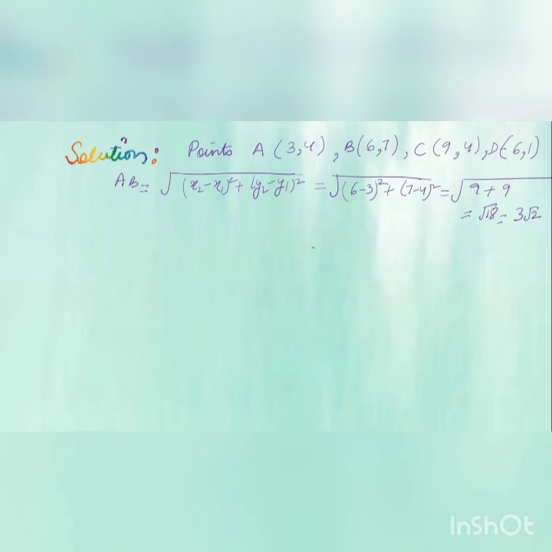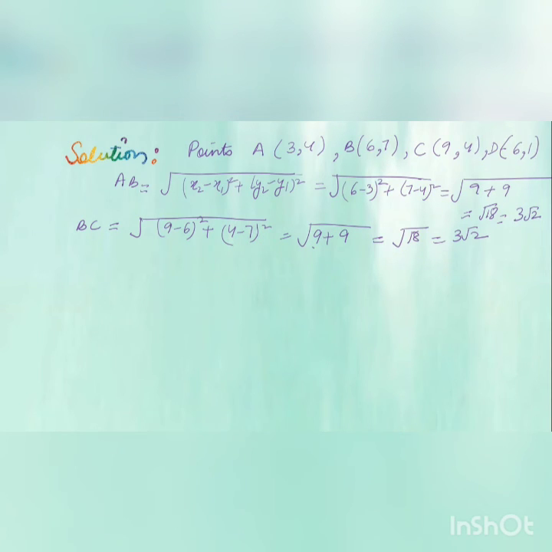After this, find BC. BC is the square root of 9 minus 6 squared plus 4 minus 7 squared. So 3 squared is 9 plus 4 minus 7 is minus 3, minus 3 squared is 9. So it is under root 18 and it is 3 root 2.